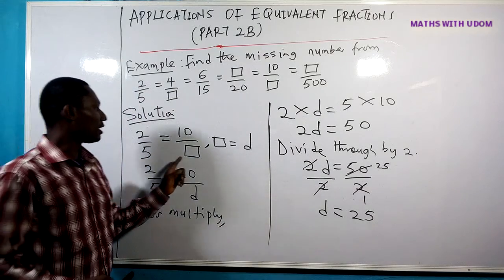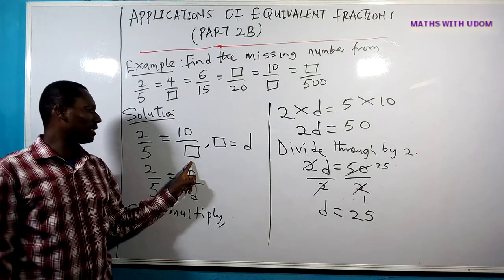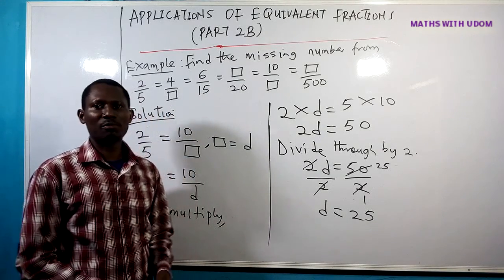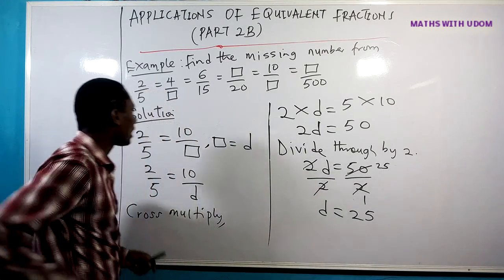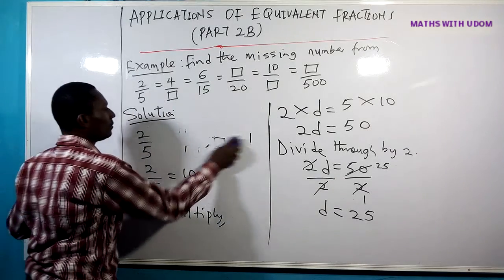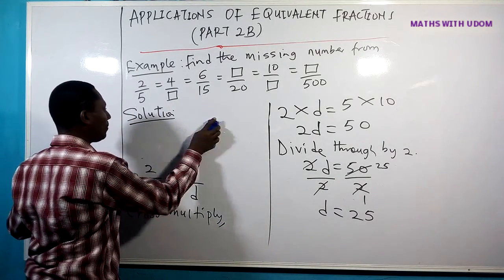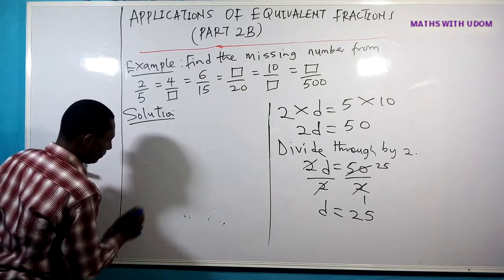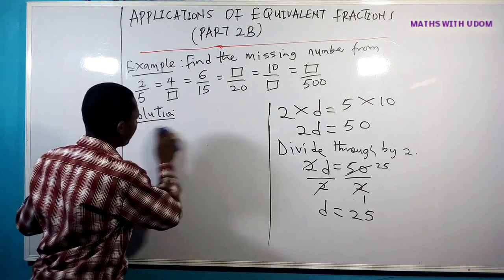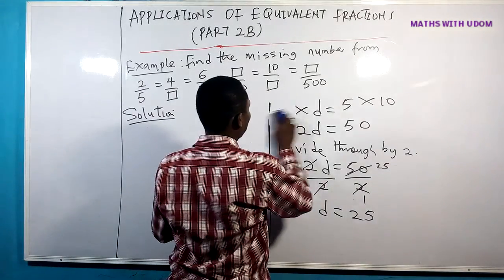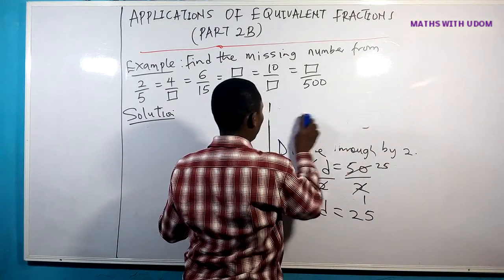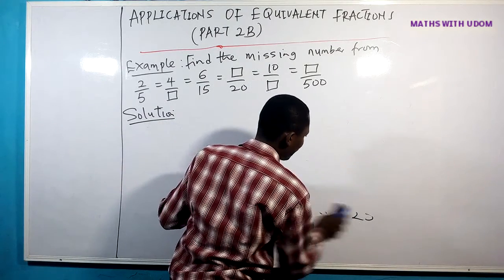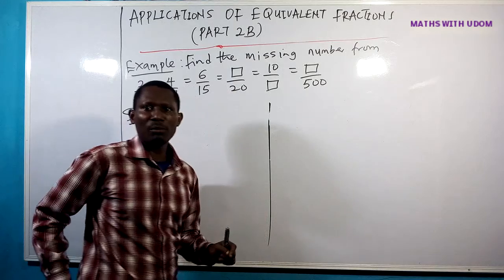Okay, so the value inside this box equals 25. And lastly, let's quickly move to the last one.